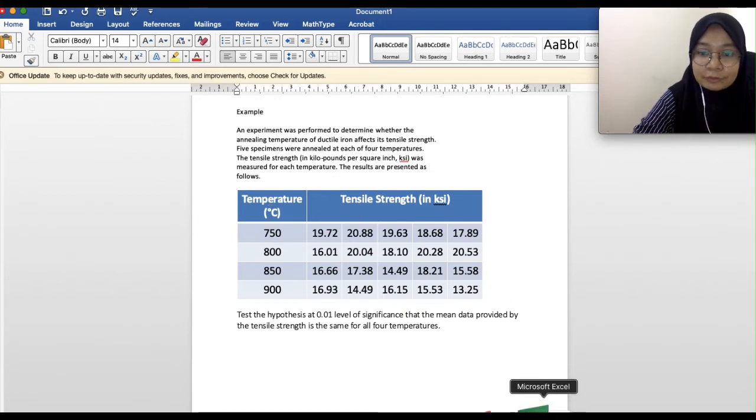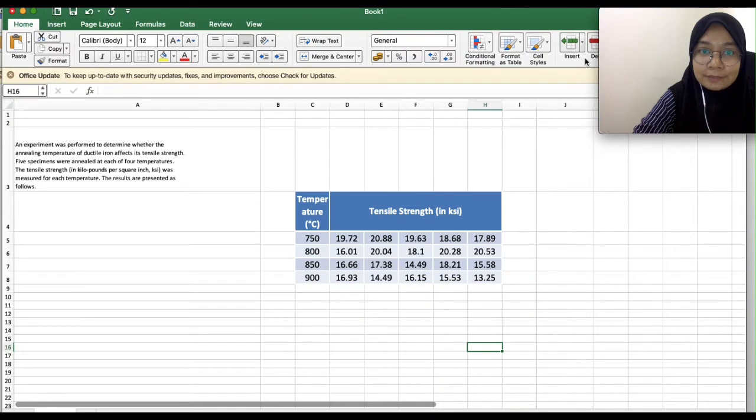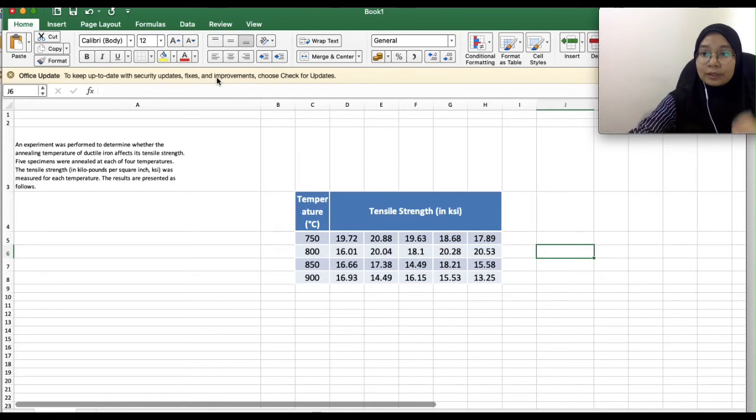Okay, so what you have to do is you open the Excel, right? Open the Excel, and then you insert the data. So we have the data here. This is our treatment. Okay, treatment 1, treatment 2, treatment 3, treatment 4, and then this is our replication, the tensile strength.